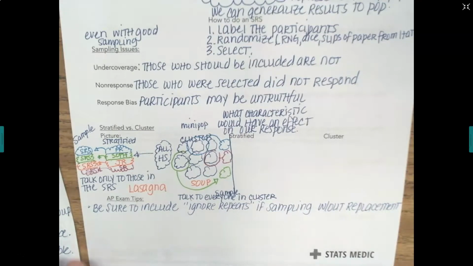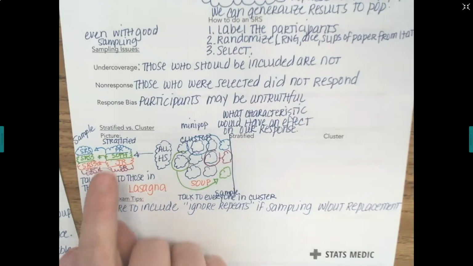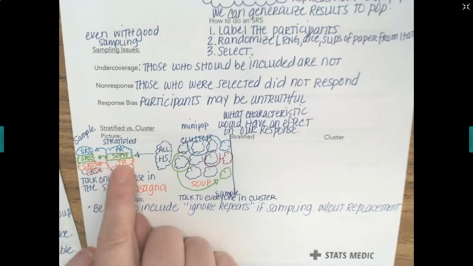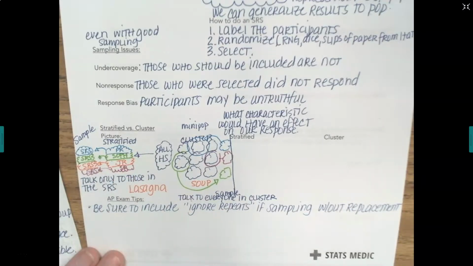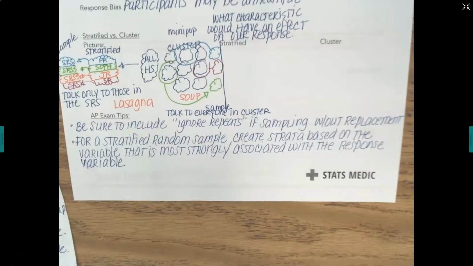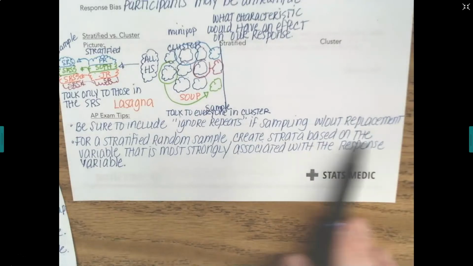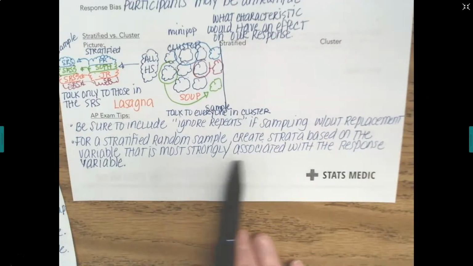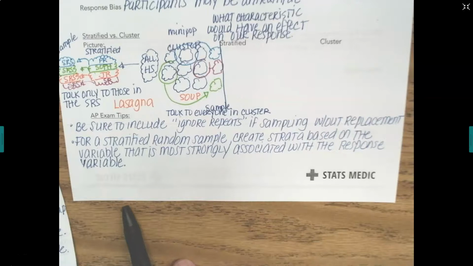So when we make our stratified random sample, you're concerned about these groups and their age. So our AP tip for this is going to be about that. When you're making a stratified random sample, you're concerned about whatever this characteristic is. So you're going to create a strata based on a variable that is most strongly associated with the response variable.